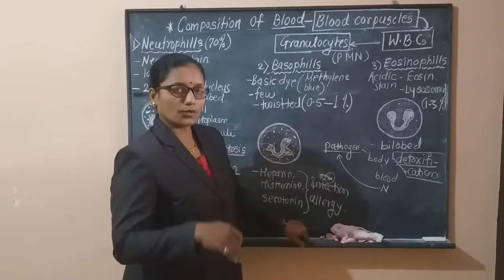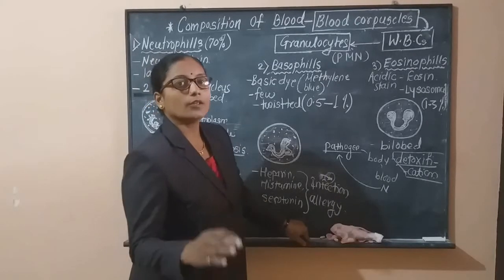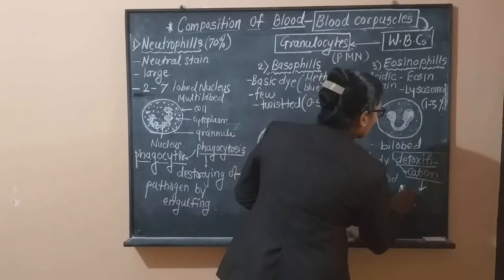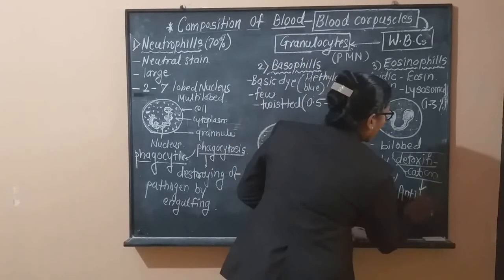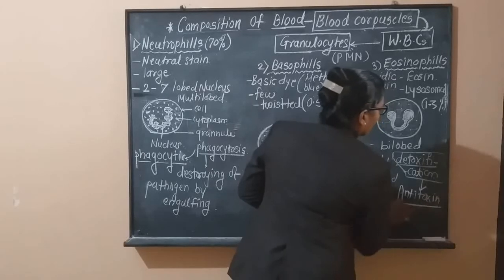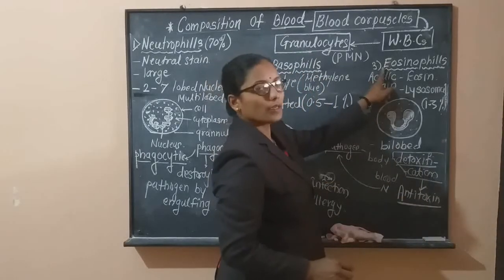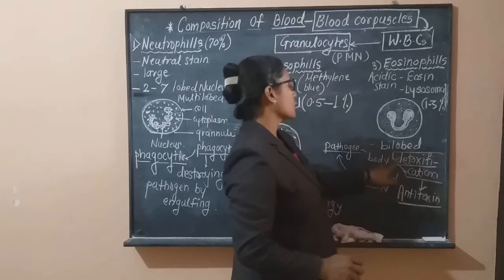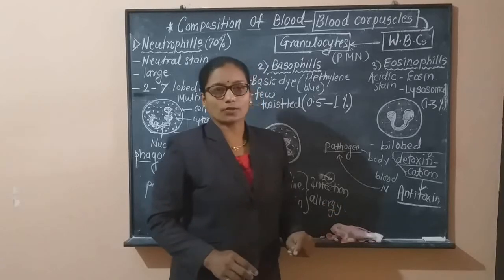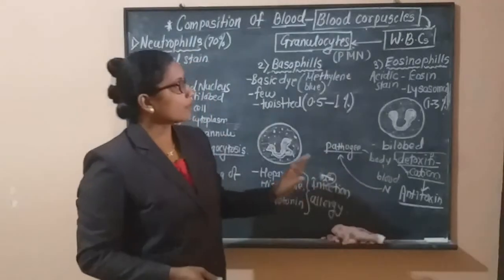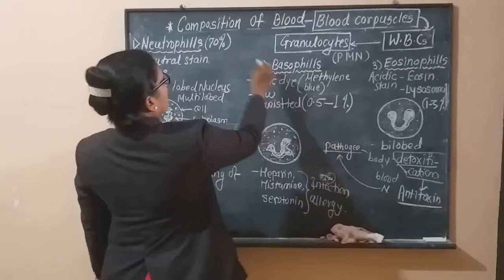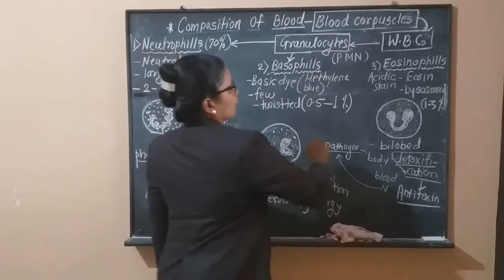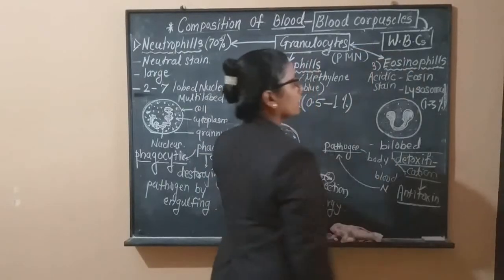Toxins, when introduced in our body, are detoxified or neutralized by the acidophils by the production of antitoxin. Means these eosinophils produce antitoxins, and these antitoxins are responsible for detoxification. In this way, these are the three types of granulocytes. First one neutrophil, second one basophil, and third one is the eosinophil.